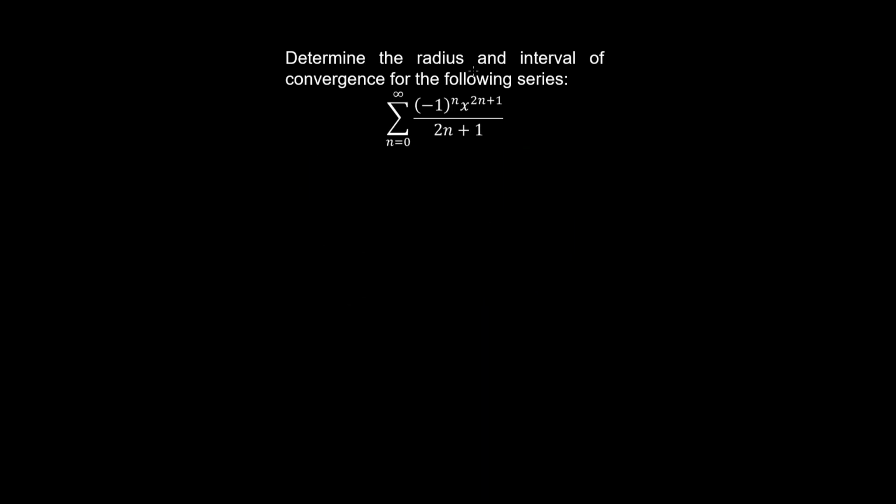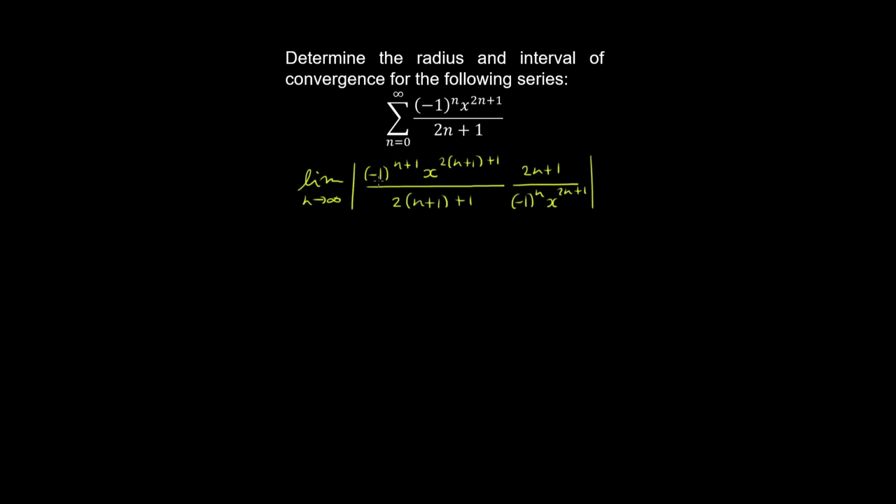Determine the radius and interval of convergence for the following power series. So again, we test for absolute convergence using the ratio test. And then doing a bit of algebra, the absolute value is going to cancel out the -1.